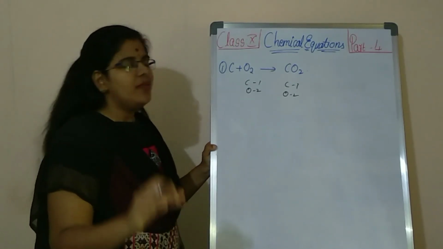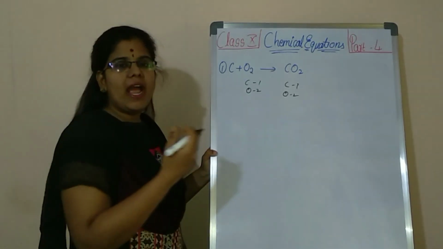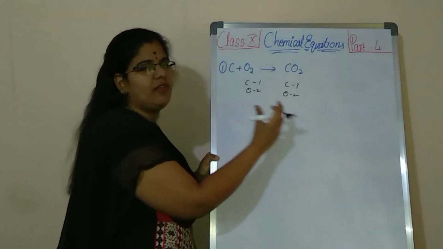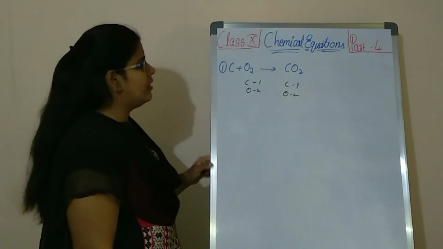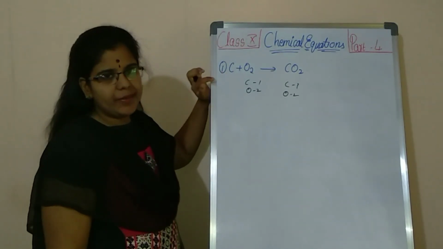Then we have to calculate the atomic weights of each element, and check whether the weight of the reactants is equal to the weight of the products or not. How to calculate? We know the atomic weight of carbon is 12.